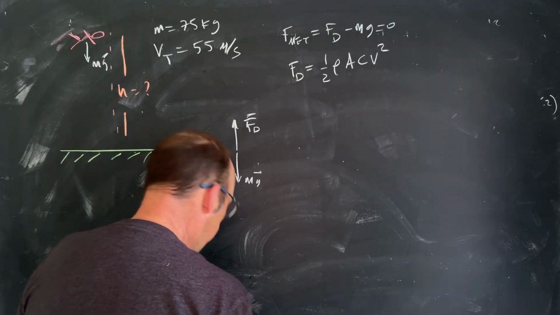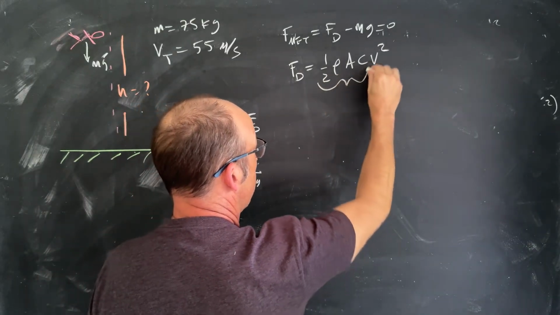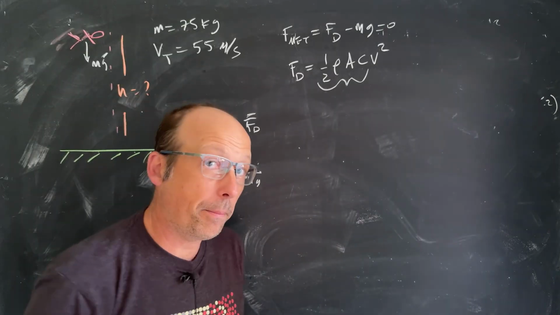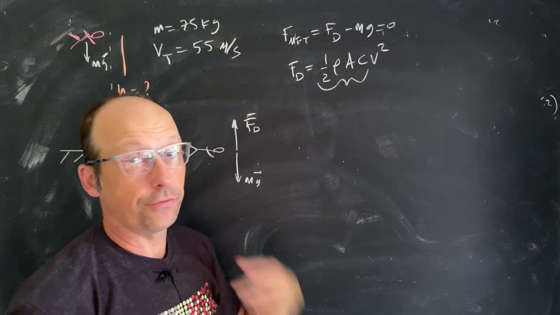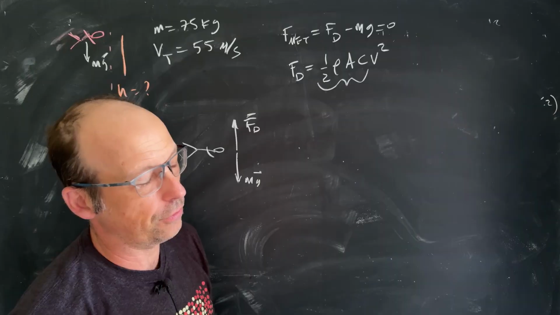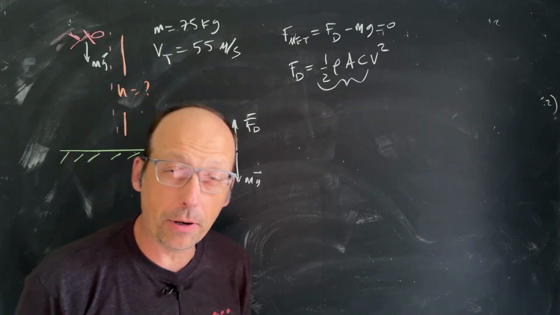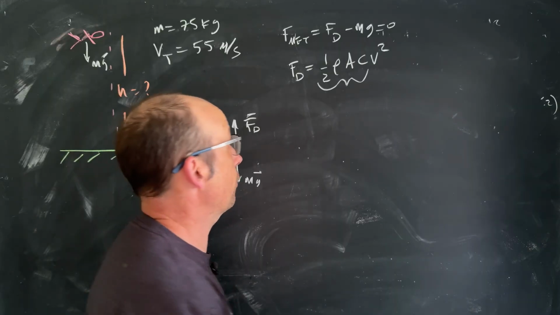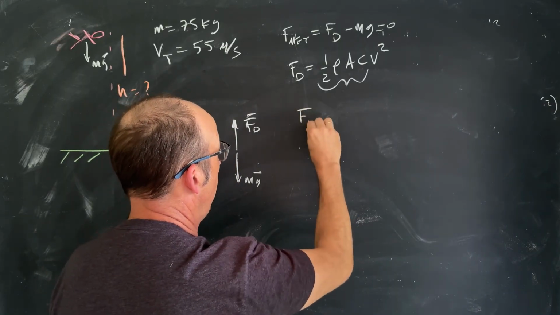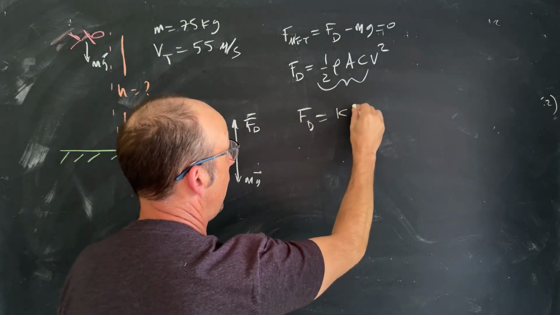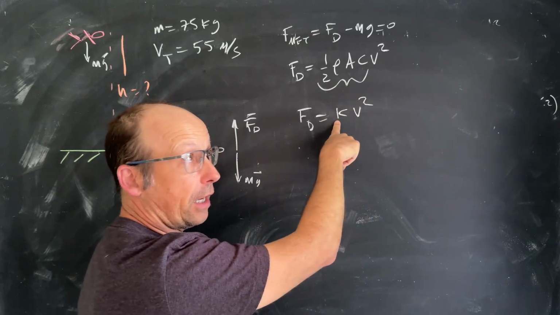All of this stuff doesn't change when a person's falling in this position; all those are constant. The density of air changes a little bit, that's true, but let's just say it's constant. So we don't really care about all the individual values; we just want them as one thing. Let's say F drag is equal to some constant k times v squared, and we want to find that constant k.